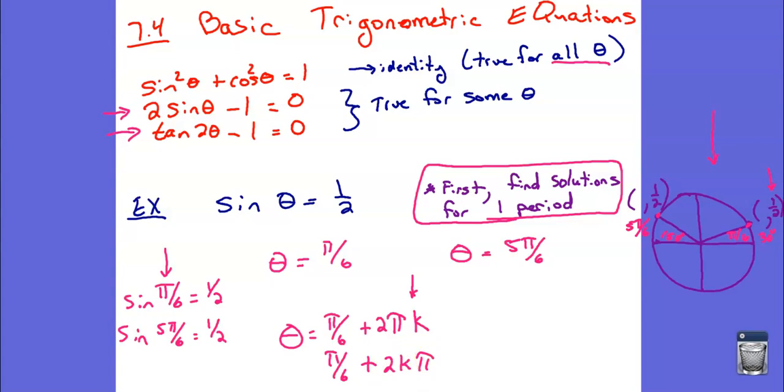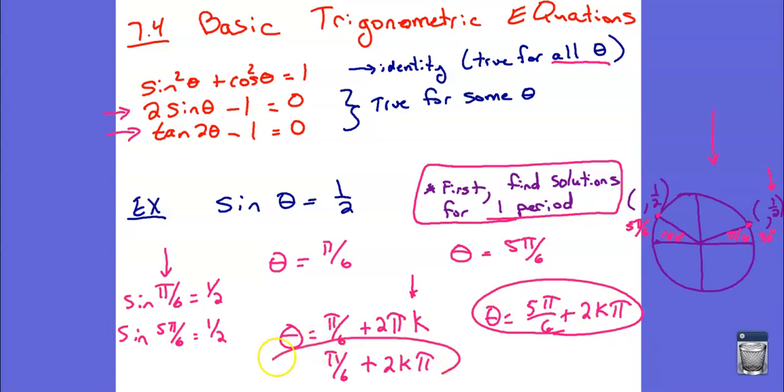And then the same thing here. Remember, theta could possibly be there, at 5 pi over 6. So 5 pi over 6 plus 2k pi. So this is all the possible solutions for theta, depending on how many times I went around the circle.